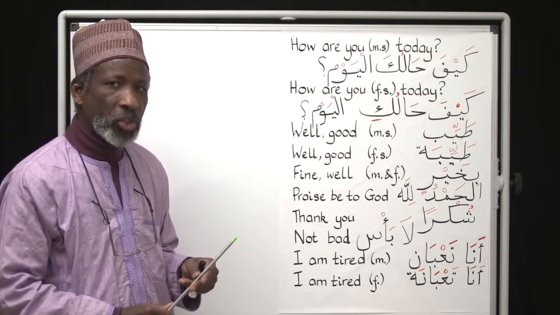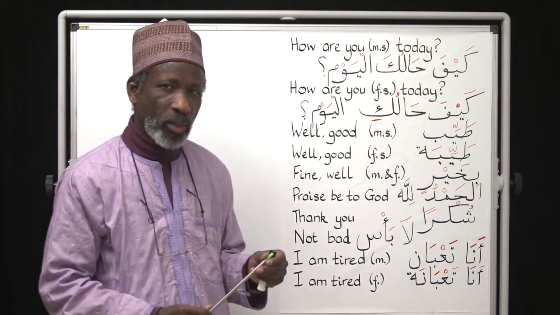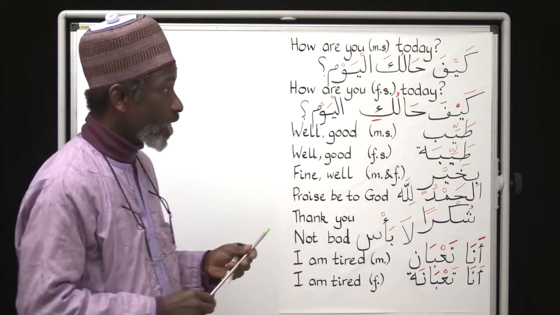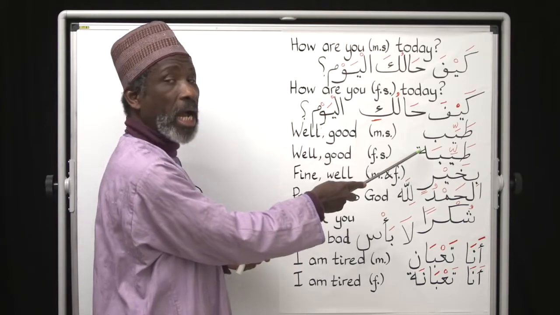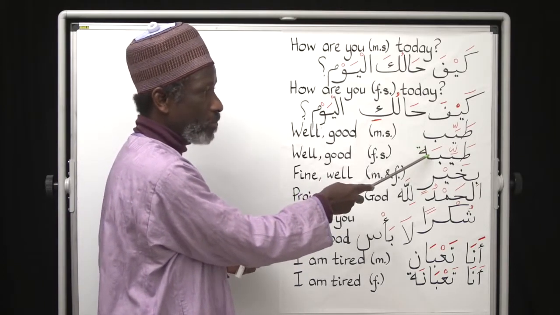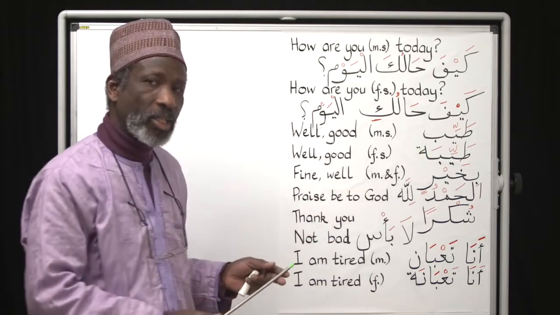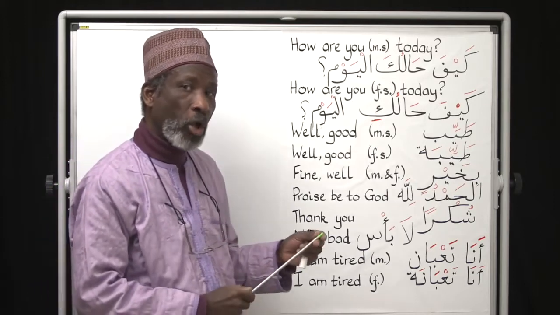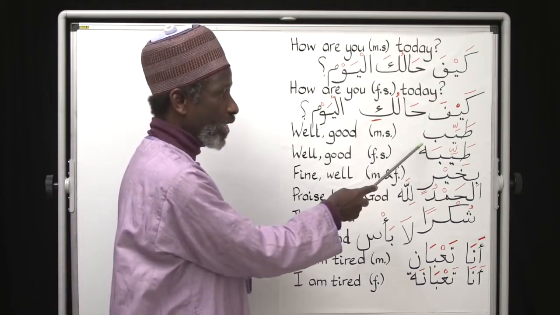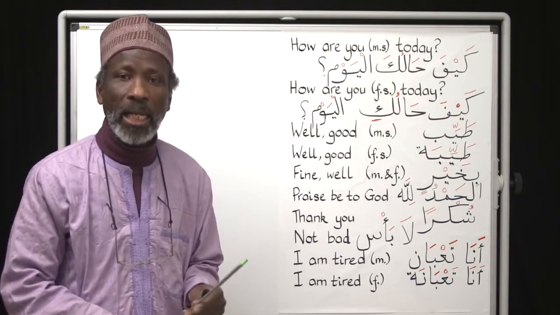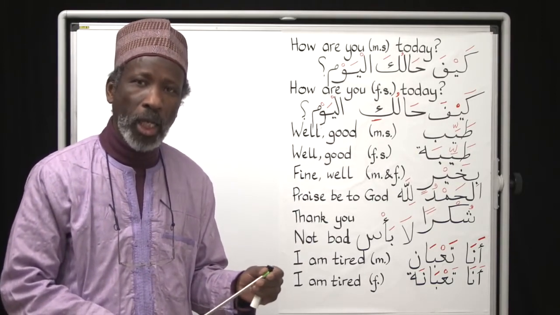Shortly, once we start with our explanation regarding the grammar, I will spend some time to explain this term مربوطة. Why is it that a male says طيب and a female says طيبة, with the addition of this term مربوطة at the end? That will become clear shortly, inshallah.